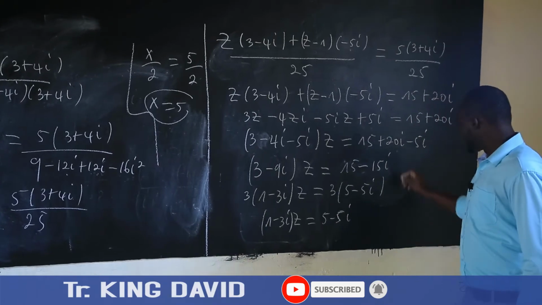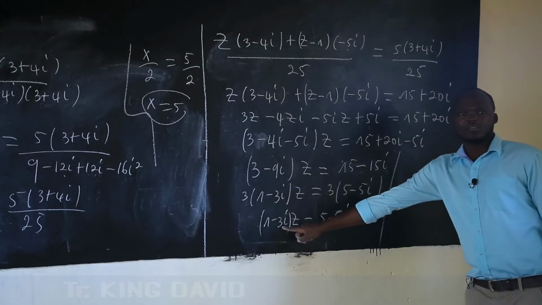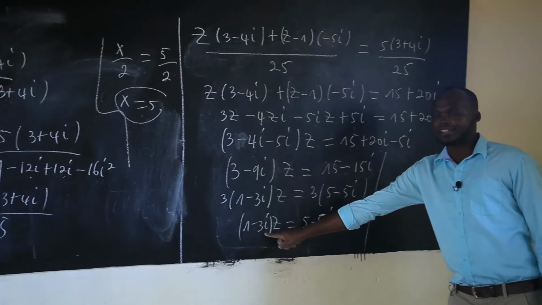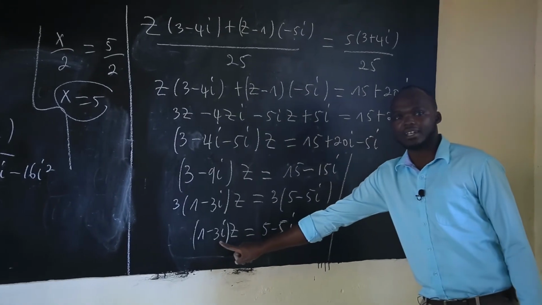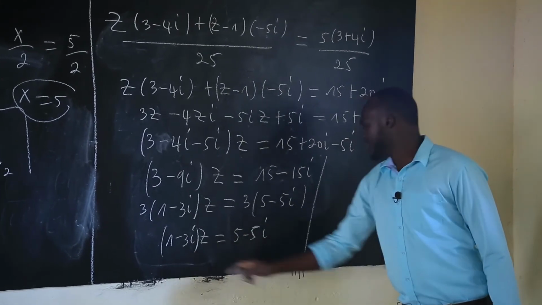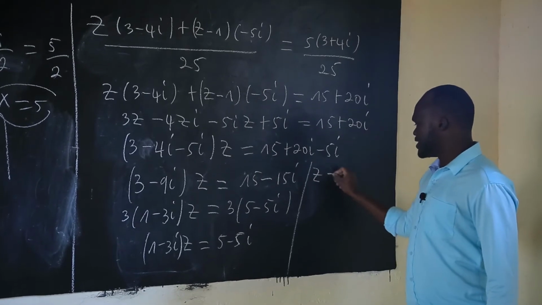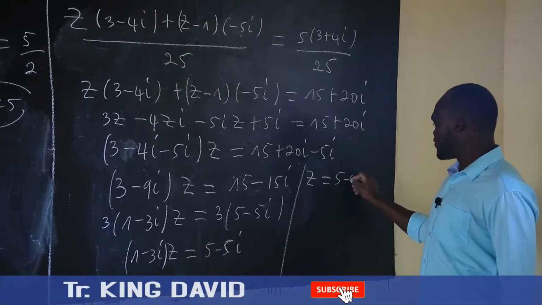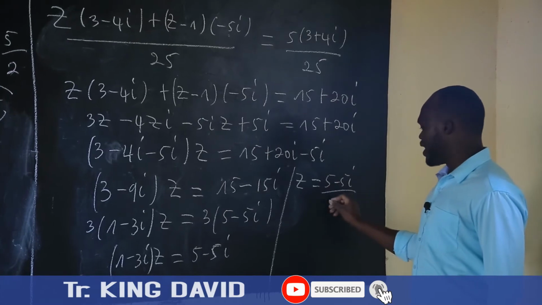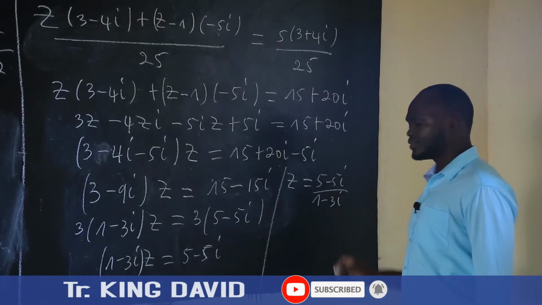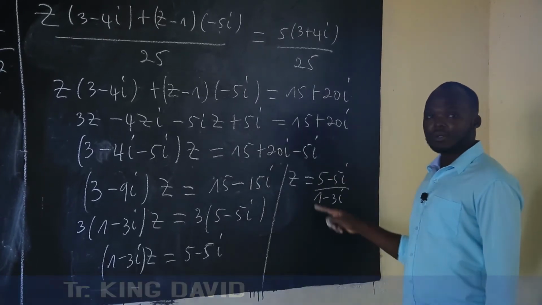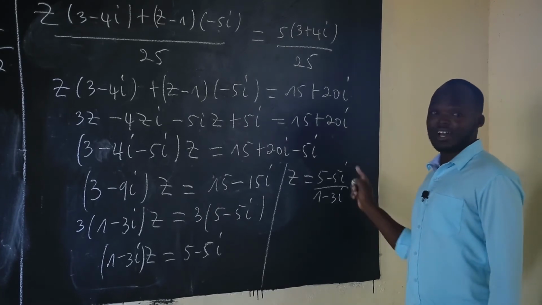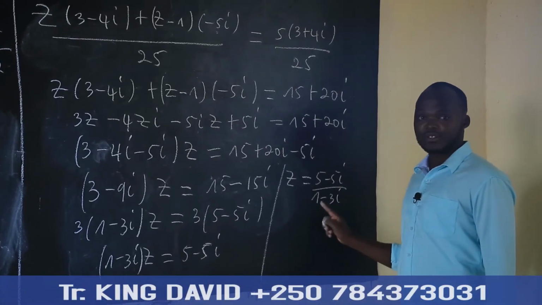So now, what are we going to do here? We're going to divide both sides by 1 minus 3i. So our z is (5 minus 5i) divided by (1 minus 3i). We can say that we're going to leave it like this, but it's wrong.